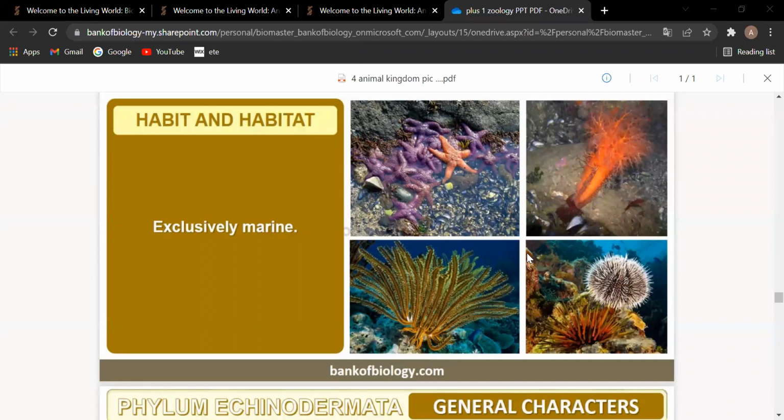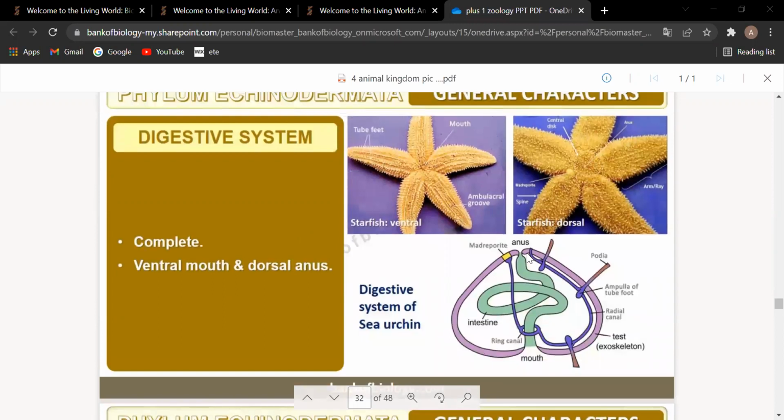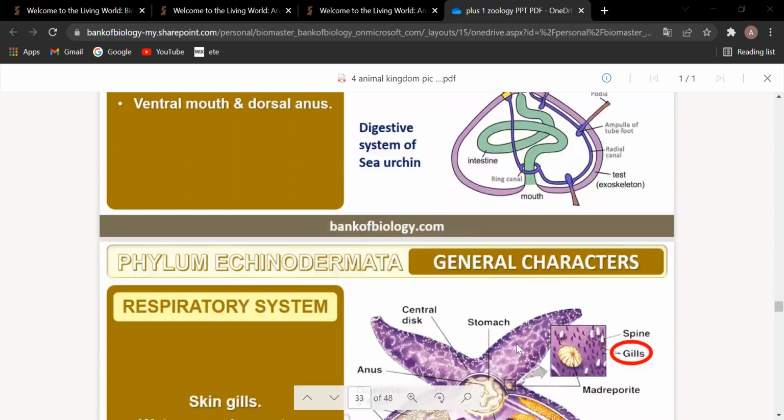They are exclusively marine in habitat. The digestive system is complete, with a ventral mouth and dorsal anus. Here you can see this is the mouth, and here you can see the anus, so it's a complete digestive system.